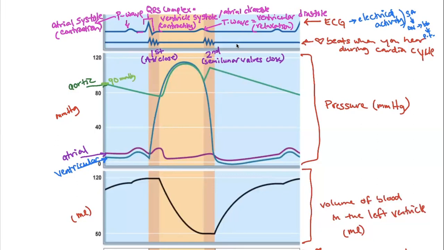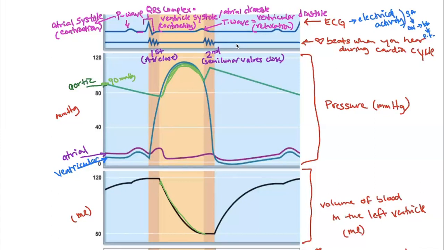And it's going to dip down a little bit and then rise back up. And it's going to rise back up when blood is ejecting from the heart. So when the left ventricle ejects blood, which is this volume here, you're going to see the pressure go up in the aorta because the myocardium in the left ventricle is surging that volume of blood through the aorta, so the pressure increases.